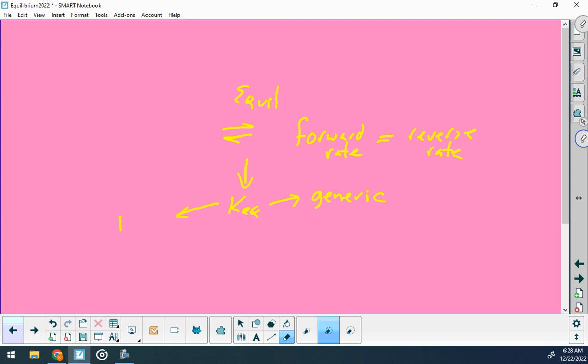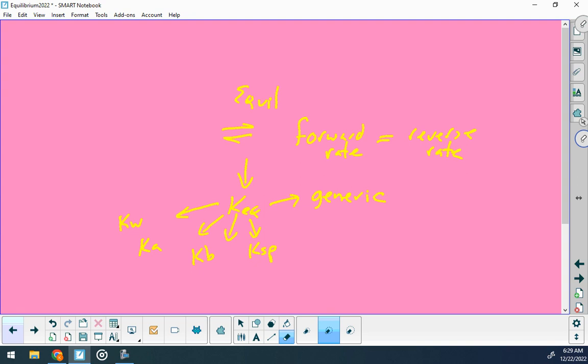We can have a Kw, the equilibrium constant of water. We can have a Ka, which is the equilibrium constant for an acid. We can have a Kb, for a base. We can have a Ksp, for a saturated solution.